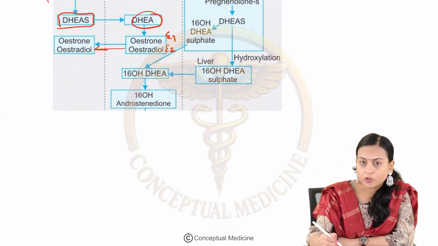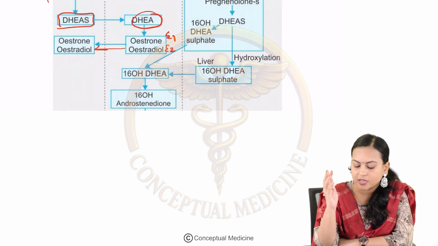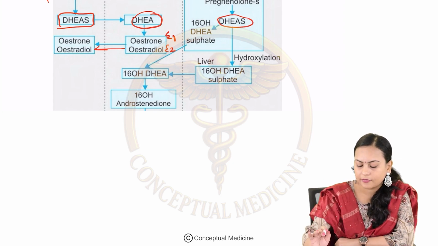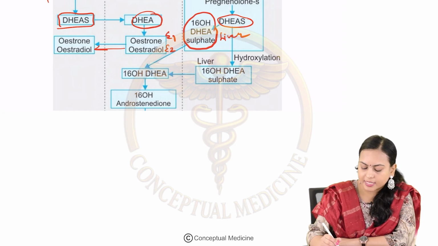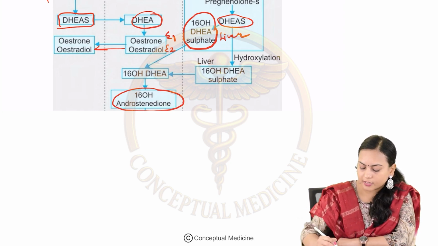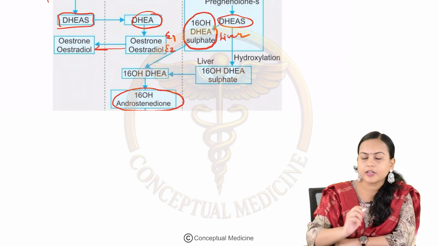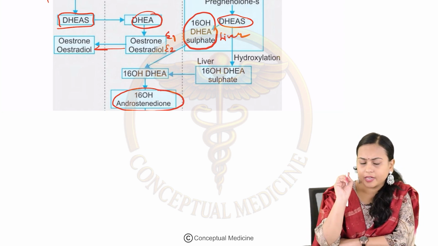So, the fetal adrenal glands are going to receive this pregnenolone from the placenta, and this is going to get converted into pregnenolone sulfate, which is further converted into 17-hydroxypregnenolone sulfate, which is converted into dehydroepiandrosterone sulfate, and some of the dehydroepiandrosterone sulfate is converted into 16-hydroxydehydroepiandrosterone sulfate, especially in the fetal liver, and this is going to enter into the placenta, where it is converted into 16-hydroxyandrostenedione, and this is going to get converted into one of the most important forms of estrogen in pregnancy, that is estriol, and estriol is entering into the maternal bloodstream.